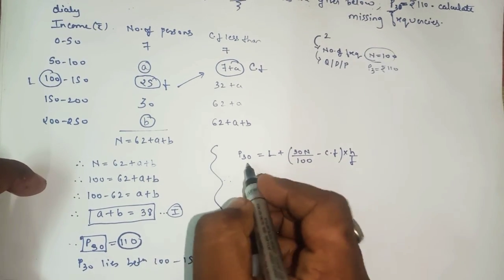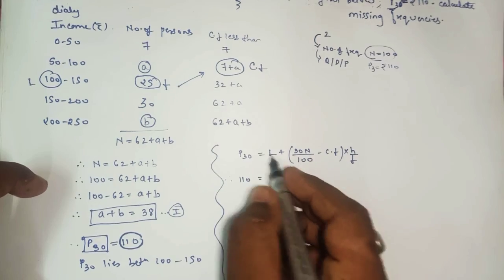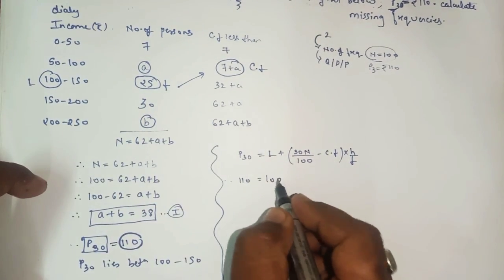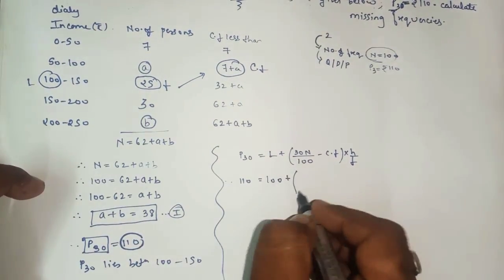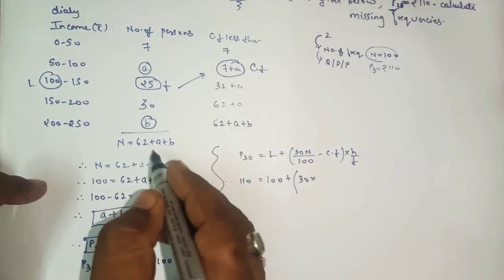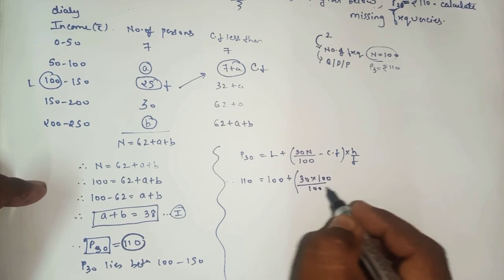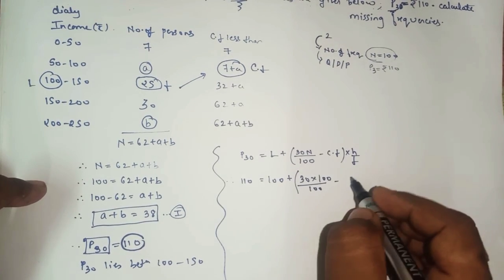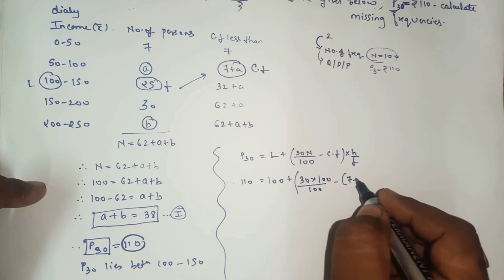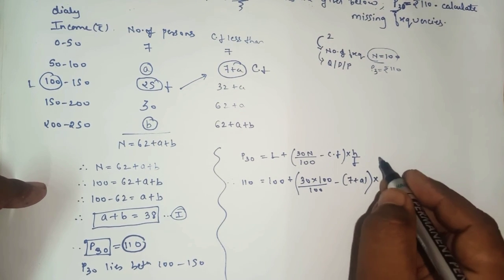Then P30 value is 110, yes or no? L is what? From this we got L as 100. 30N, and here we have to put the actual value, upon 100, minus CF, which is 7 plus A. As there are two terms, we write it inside the bracket, because we know that the sign will get changed.